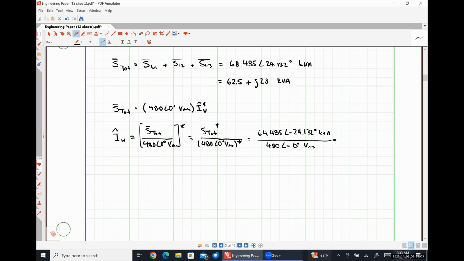I probably want my current to just be in amps, so let's call that 142.678 with an angle of negative 24.132 degrees amps RMS.